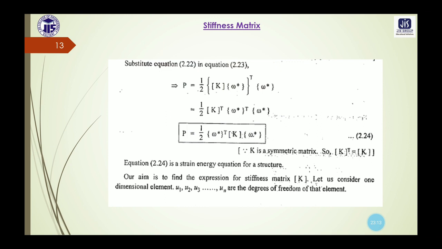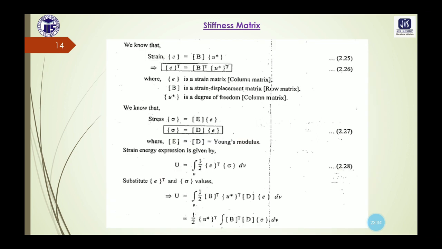Now we need to find the expression for the stiffness matrix K from this equation 2.24. For that, let us consider a one-dimensional element with U1, U2, U3 up to Un as the degrees of freedom of that element. We know that the strain matrix E, a column matrix, can be represented as the multiplication of the strain displacement matrix B, a row matrix, and U star, a column matrix.